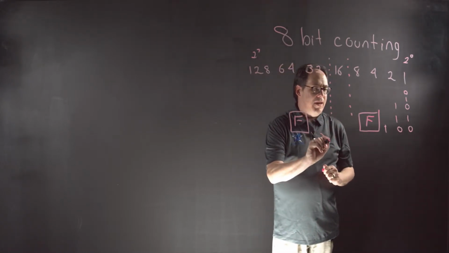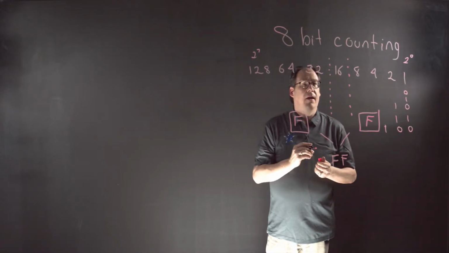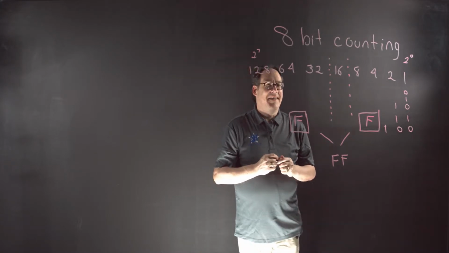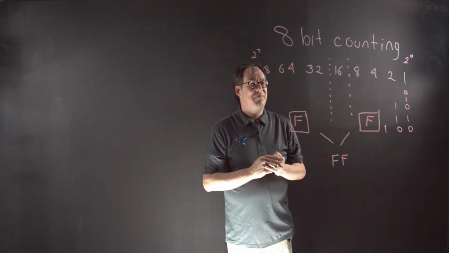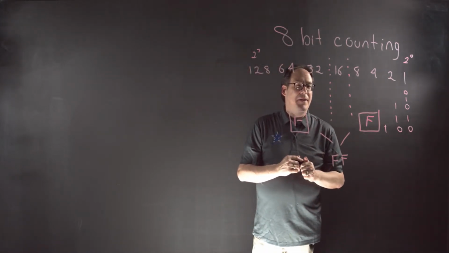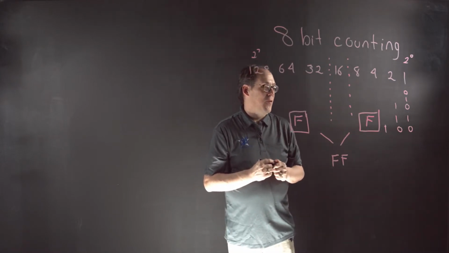So what we end up with right here is FF. That is another way to represent, in this case, all of our binary values being set. This is also one component of the IPv4 address. There are 4 of those.